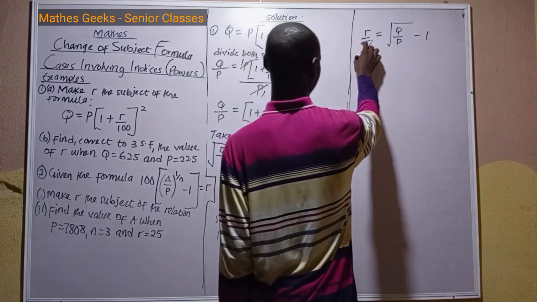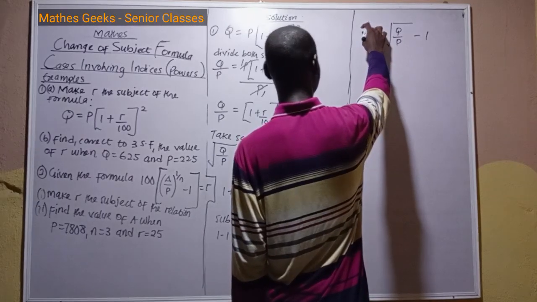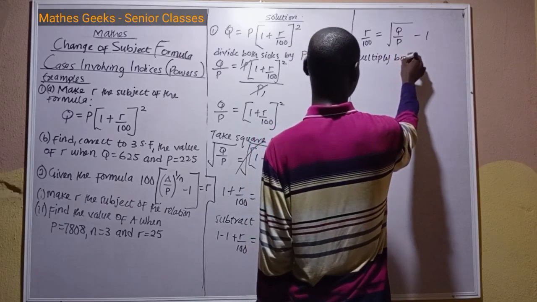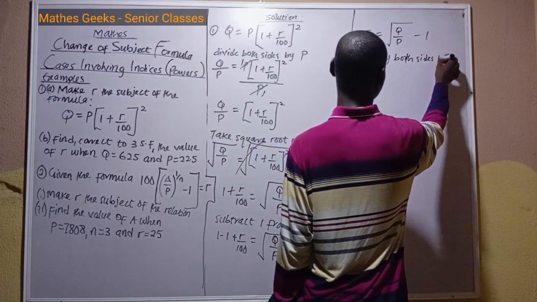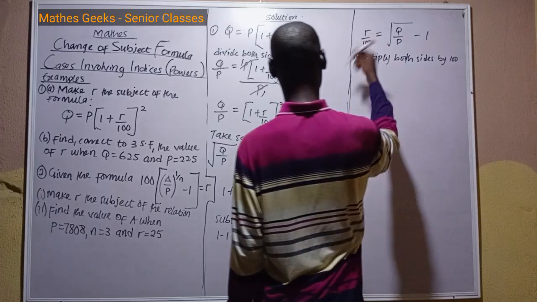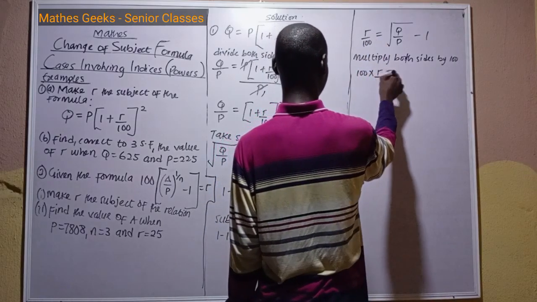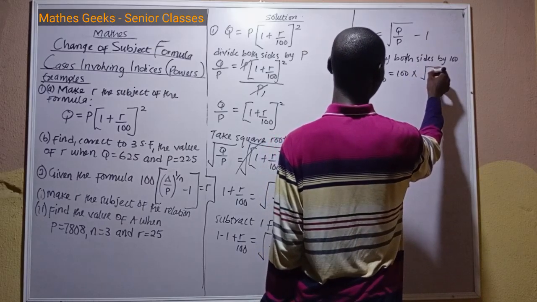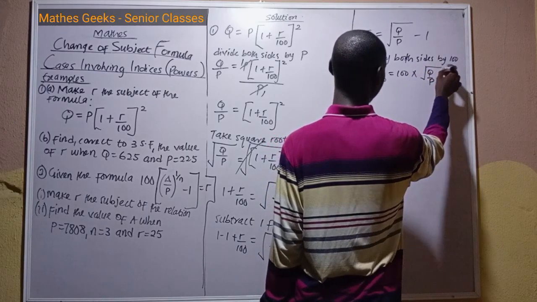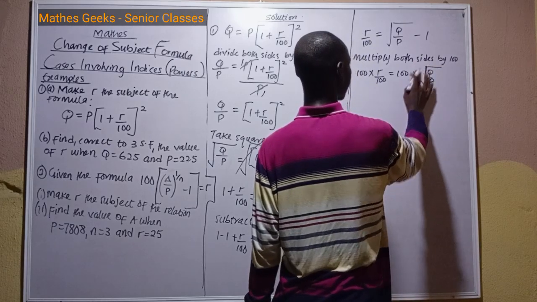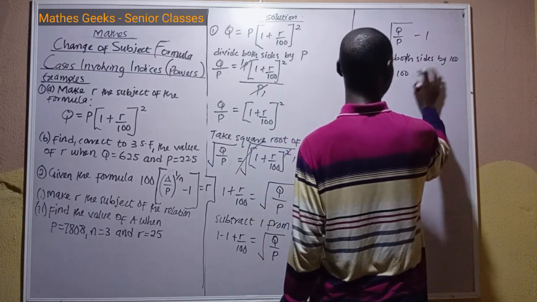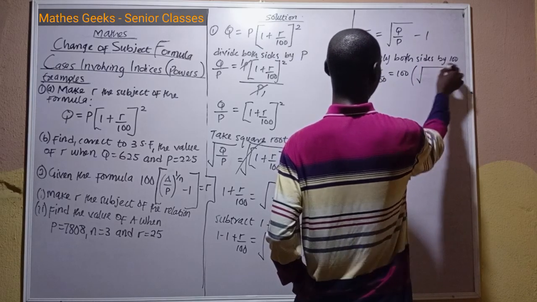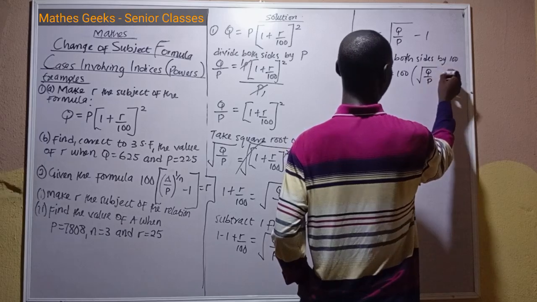So we need to eliminate 100 from here. And yes, the relationship between R and 100 is division. So multiply both sides by 100. So 100 times R over 100 equals 100 times the square root of Q over P minus 1.